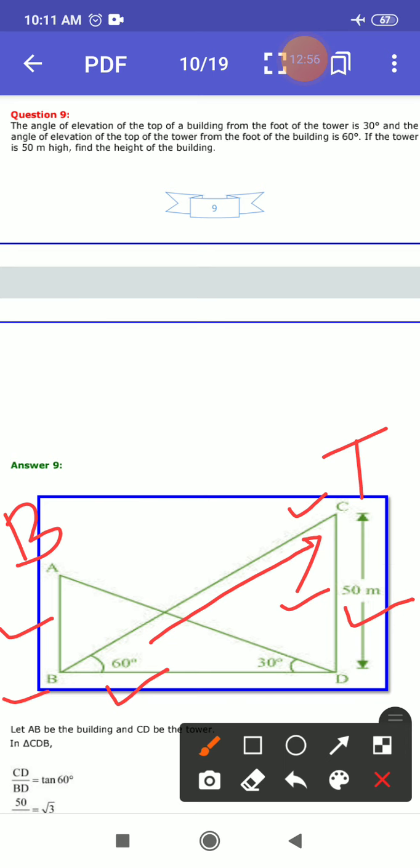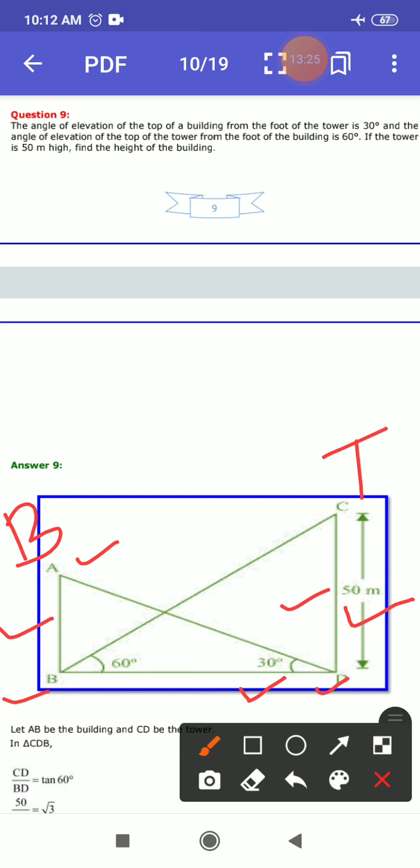Reverse it. If you stand at the foot of the tower and see the top of the building, that time the angle made is 30. Clear? So this is the question. First of all you create the building, which is smaller compared to the tower, so you create AB, and then you create CD, the tower.